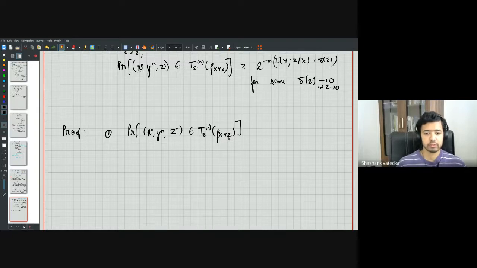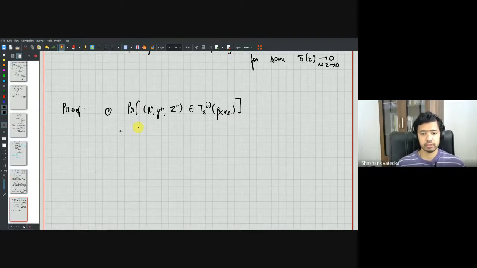So you sum over all possible Zn such that xn, yn, Zn is in the typical set, times the probability of this Zn.